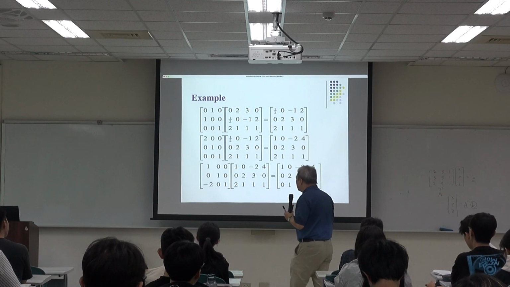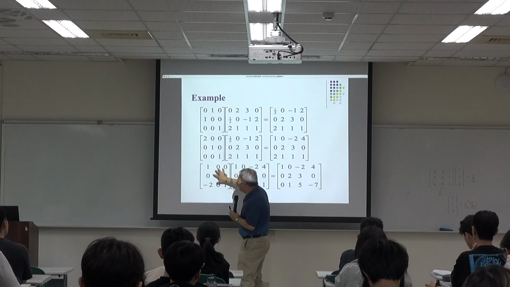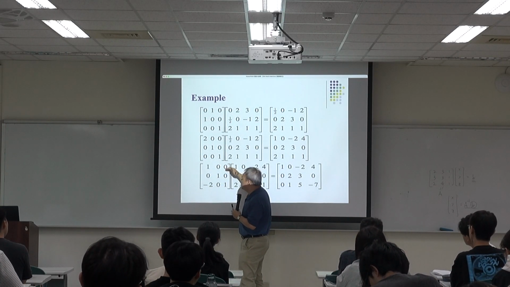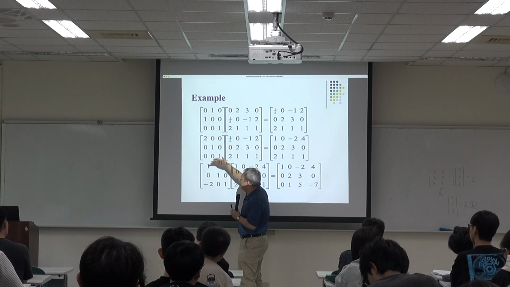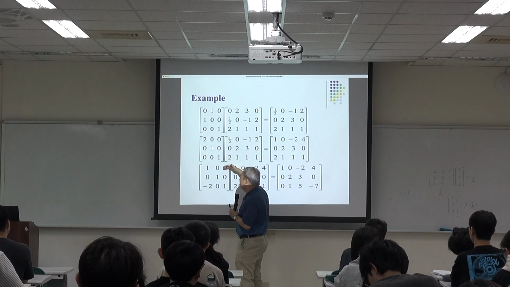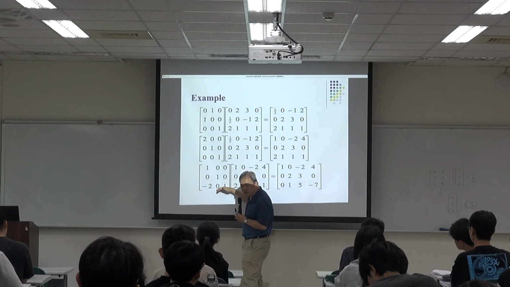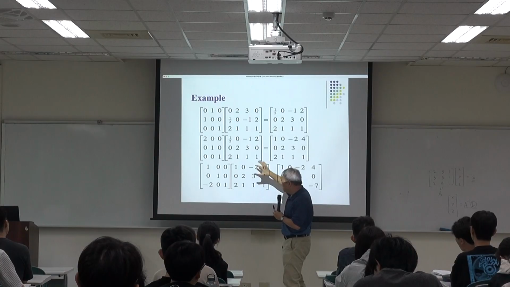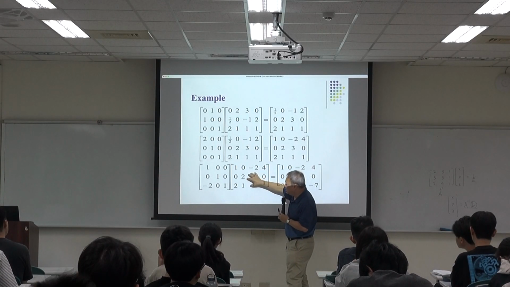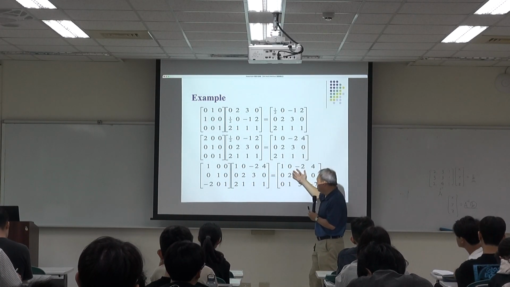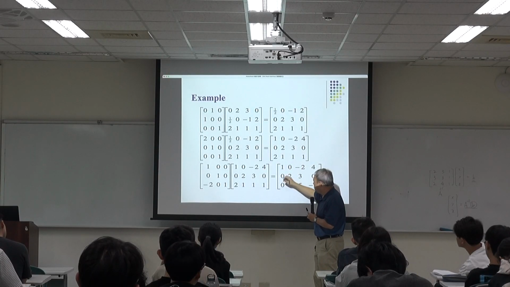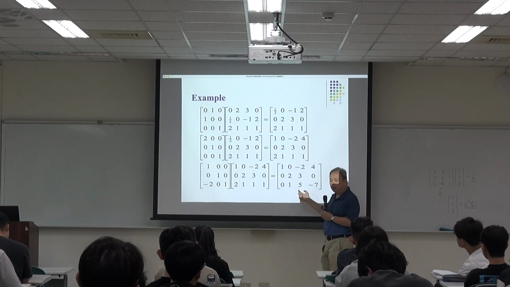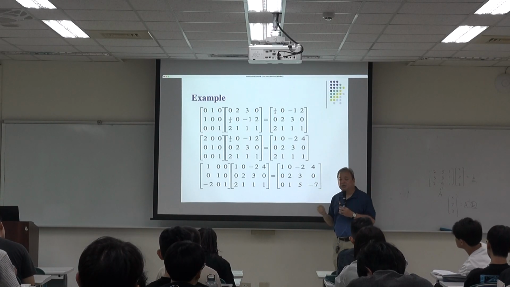The third one is again an elementary matrix because you can obtain this one from the identity matrix by multiplying the first row by -2 and then adding to the third row, right? If you multiply this elementary matrix to arbitrary matrix A, it's going to be the same as multiplying the first row by -2 and adding to the third row. You can check it out by yourself.